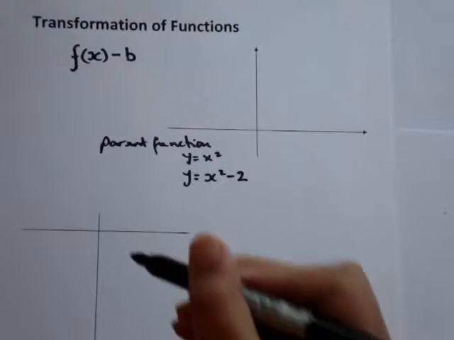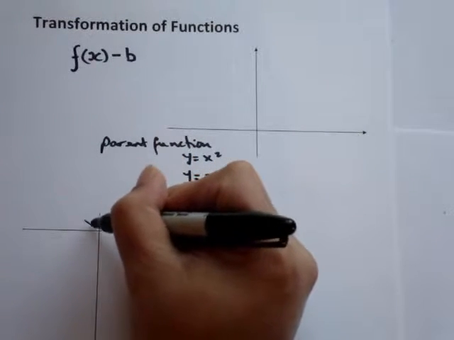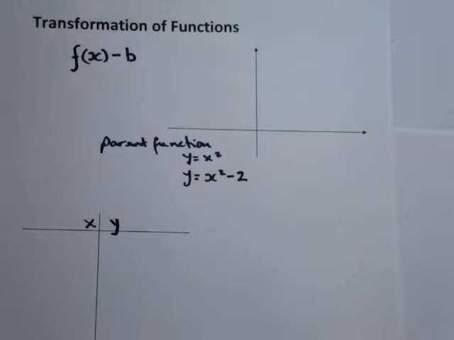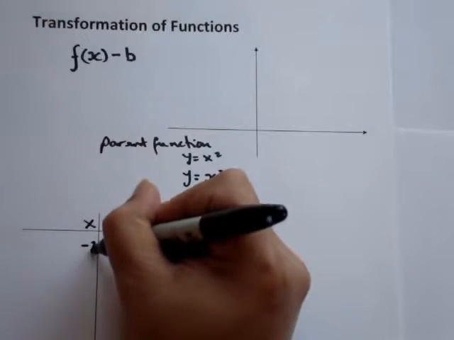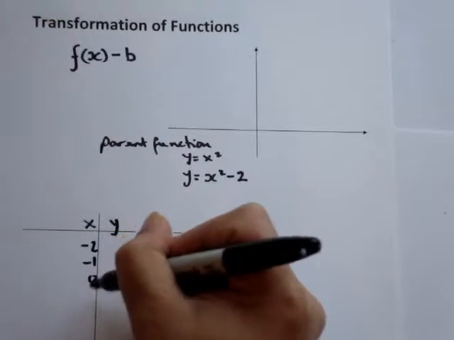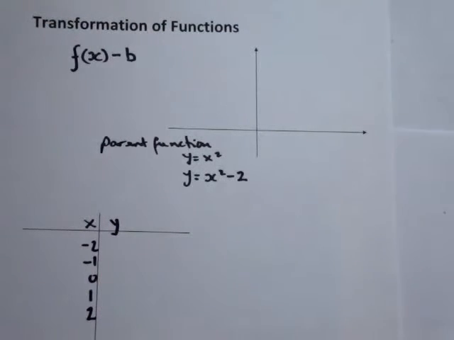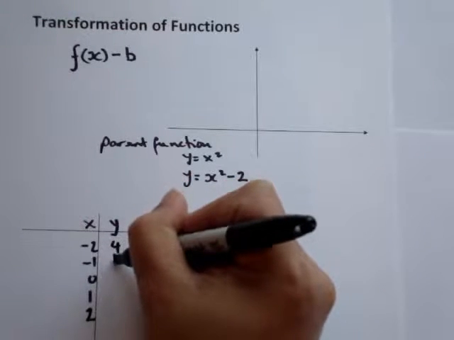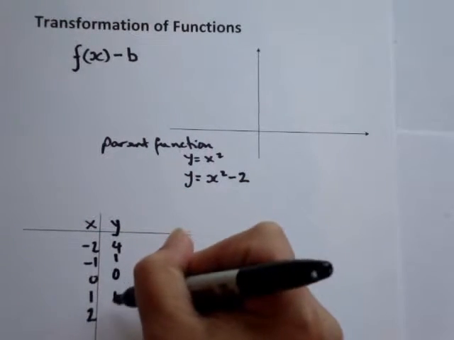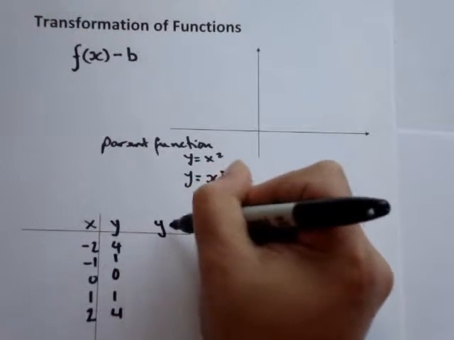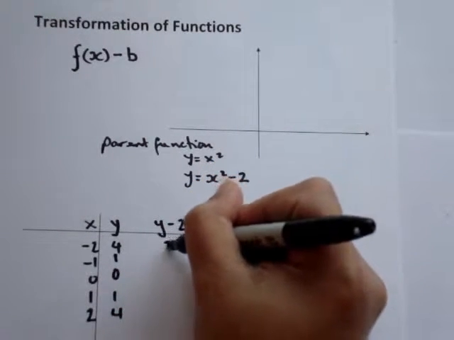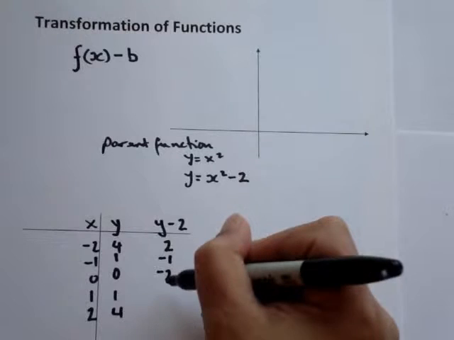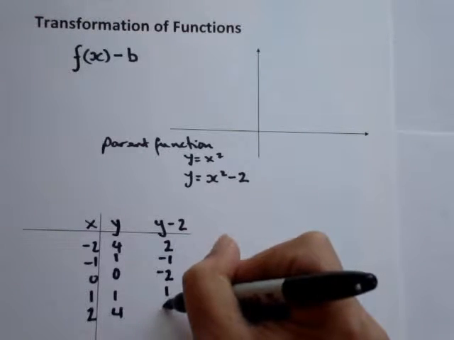On our t-table we do our points of interest of x and then y: -2, -1, 0, 1 and 2. So our x squared is 4, 1, 0, 1, 4, and our y minus 2 then becomes 2, -1, -2, -1 and 2.